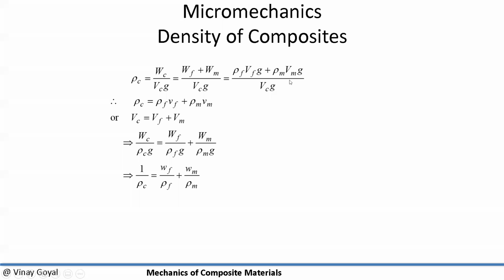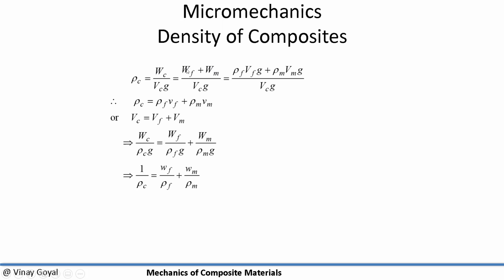Okay, so then we have the density of the composite. Density of the composite is basically mass of the composite divided by the volume of the composite. But mass of the composite is the weight of the composite divided by gravity, so I can leave g there. Now I know the weight of the composite is the weight of the fiber plus the weight of the matrix.